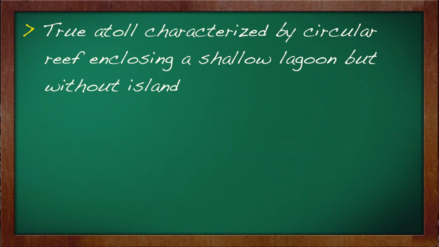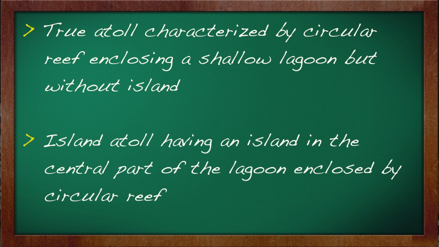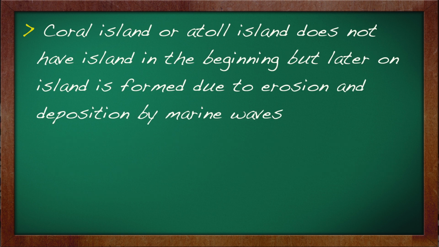Atolls are divided into three types. The true atoll, which is characterized by circular reef enclosing a shallow lagoon but without island. Island atoll having an island in the central part of the lagoon enclosed by circular reef, and coral island or atoll island does not have an island in the beginning, but later on island is formed due to erosion and deposition by the marine waves.